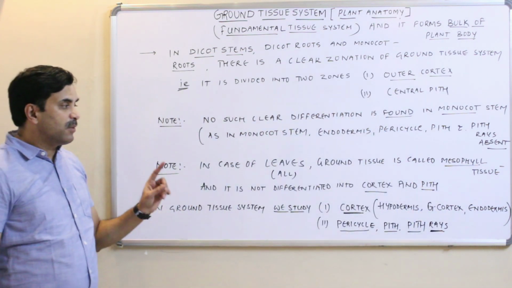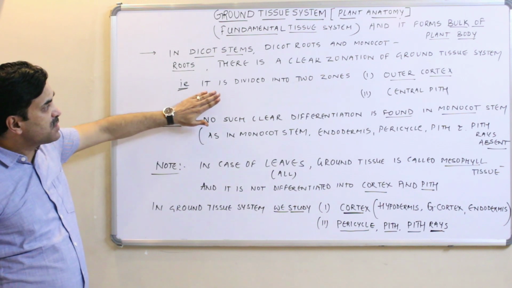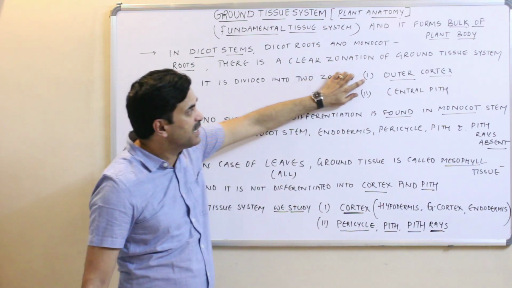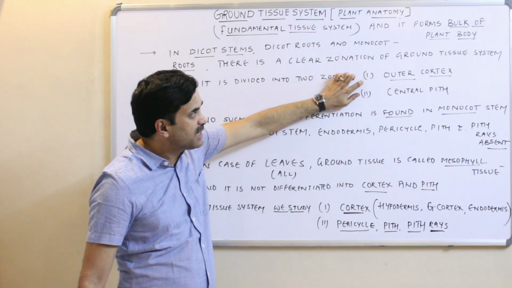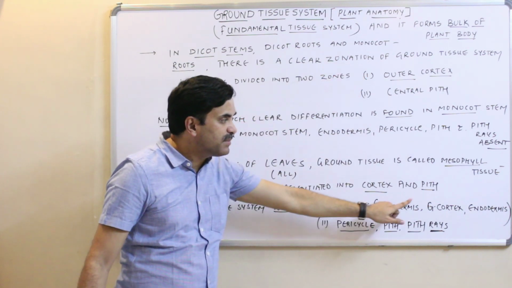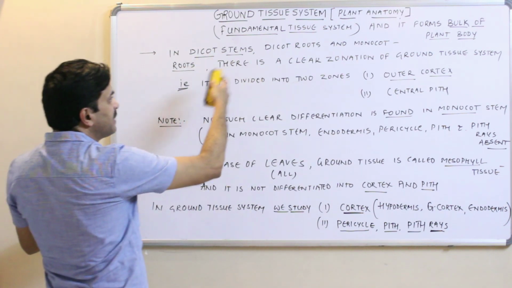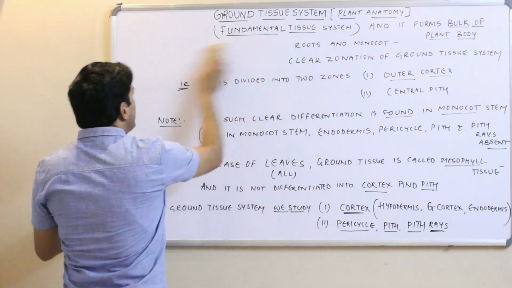Alright. Now let's talk about the first one, that is the outer cortex. Means we'll be studying first the outer cortex region, that is hypodermis, general cortex and endodermis. So the number one is the outer cortex.